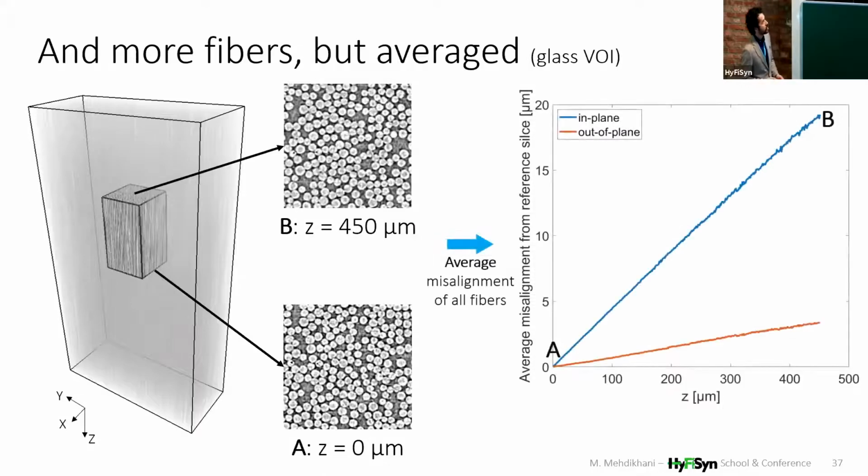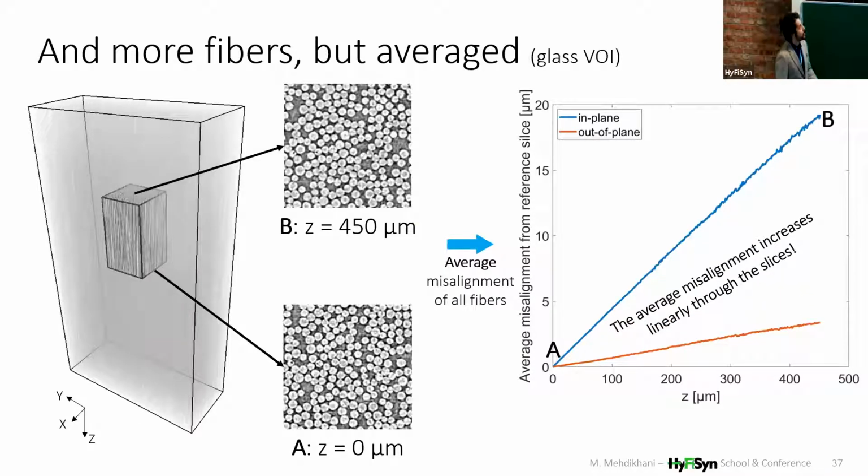So here I try to plot the average displacement of all the fibers in this volume through the length of the volume. And we see that there is a quite linear increase in the displacement of fibers, which means that the fibers are basically straight.